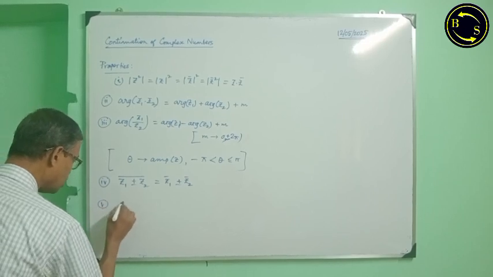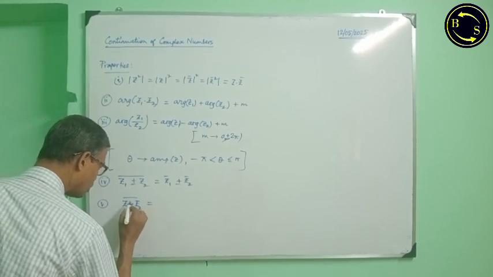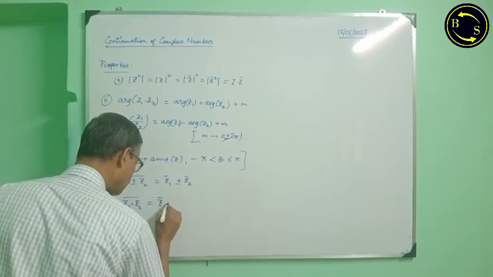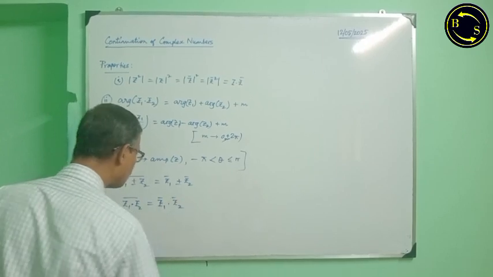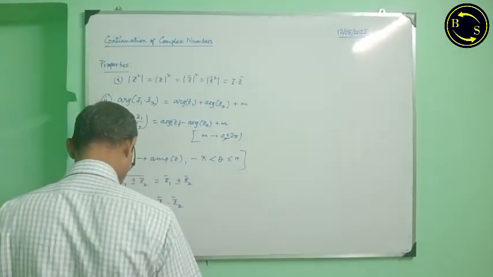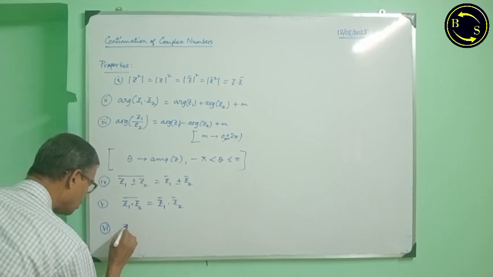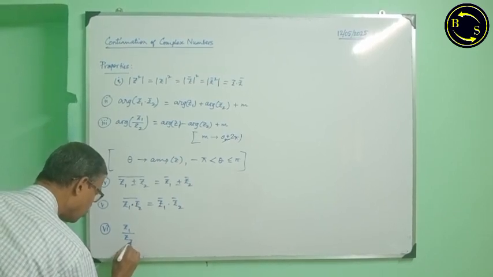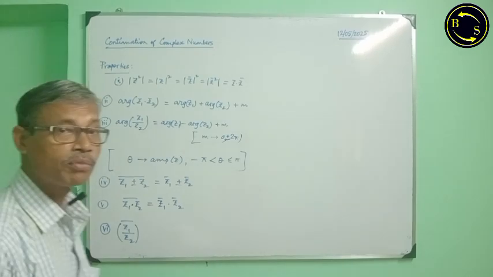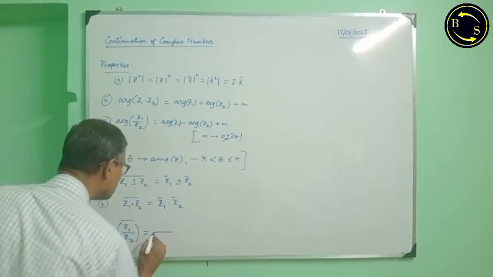Number 5: the complex conjugate of the product of two complex numbers is equal to the product of their complex conjugates, and the conjugate of the quotient of the complex numbers z1 and z2 is equal to the quotient of their conjugates.